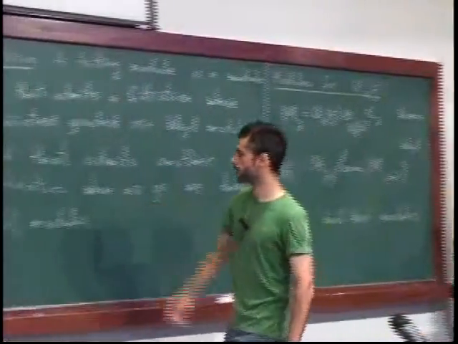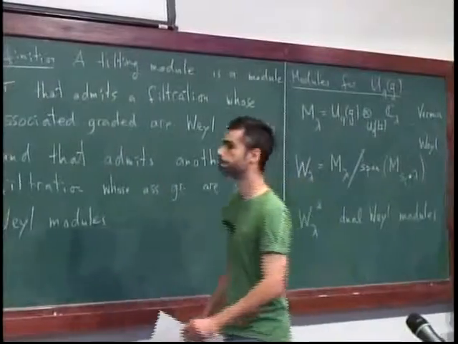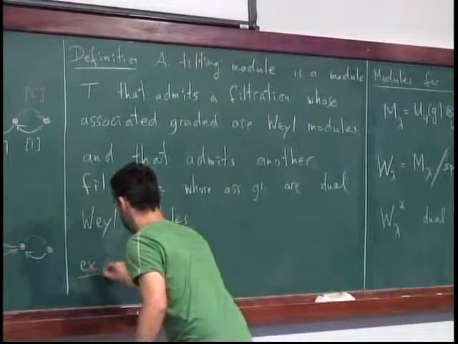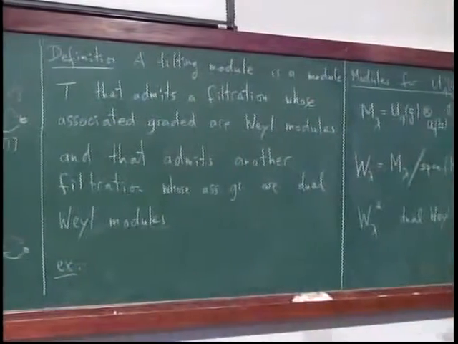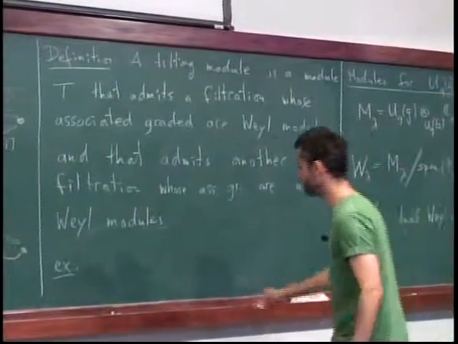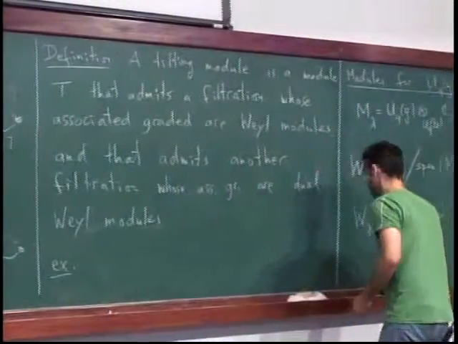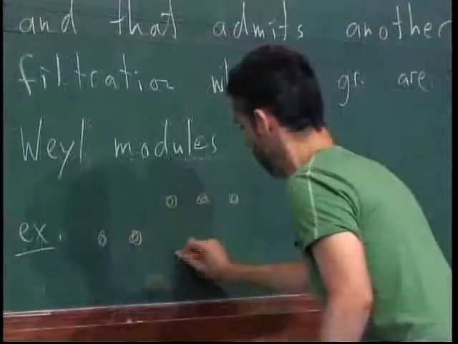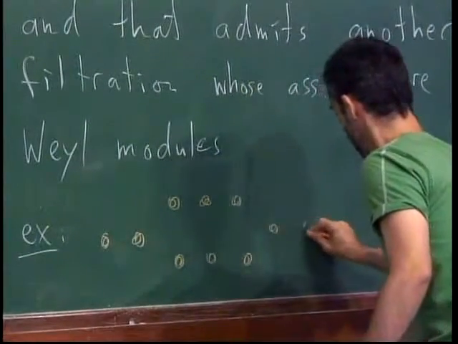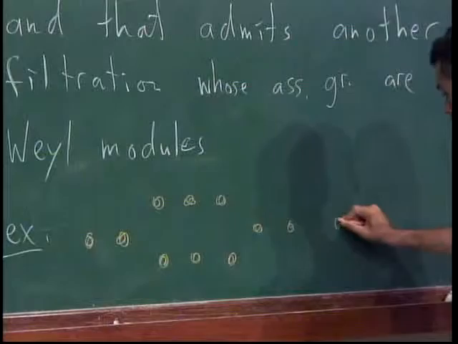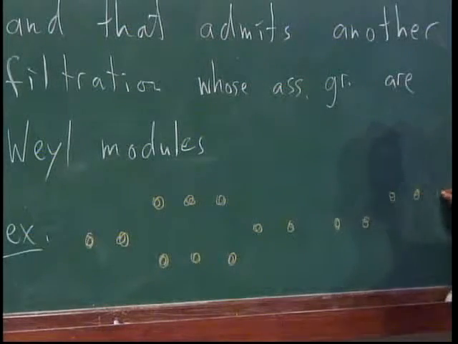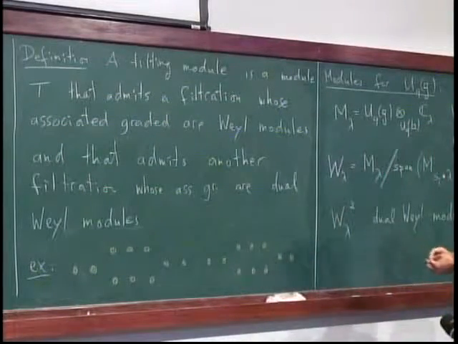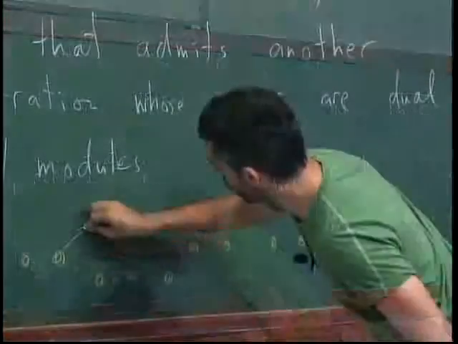So let me show you in this example what these two filtrations are. Okay, so I will redraw quickly that picture. Actually, I'll do it twice. That's once. That's twice. I draw the relevant arrows. So the arrows go up.